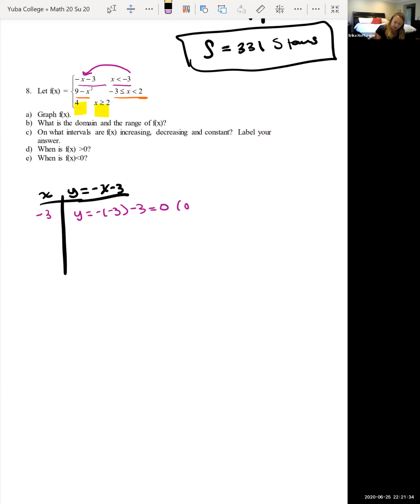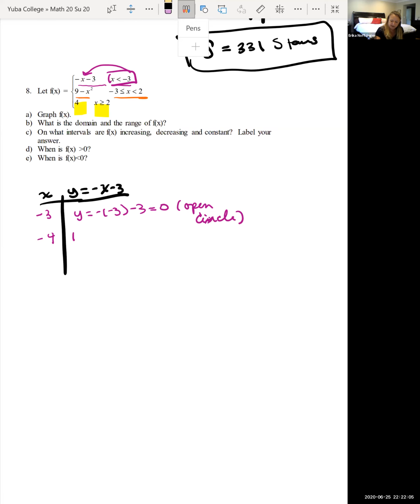I put a little note to myself. This is an open circle here because it was strictly less than. So any number less than negative 3, for instance negative 4: negative of negative 4 is positive 4, minus 3 is 1.